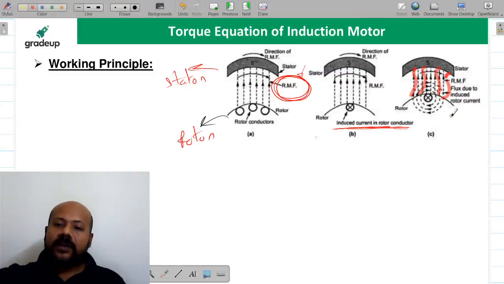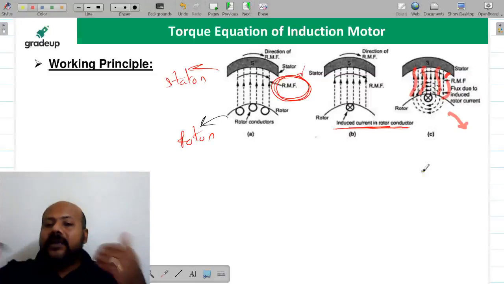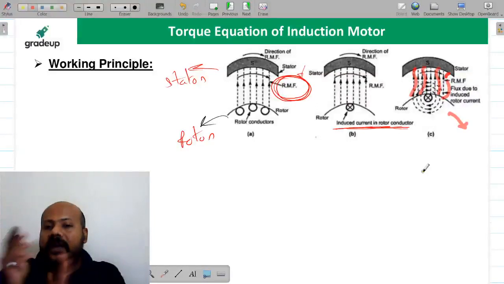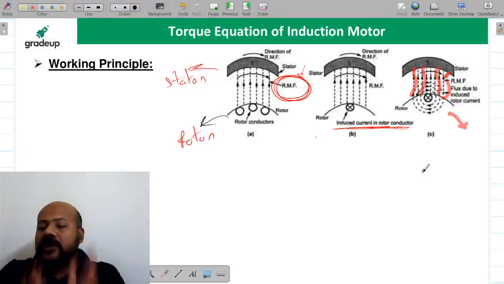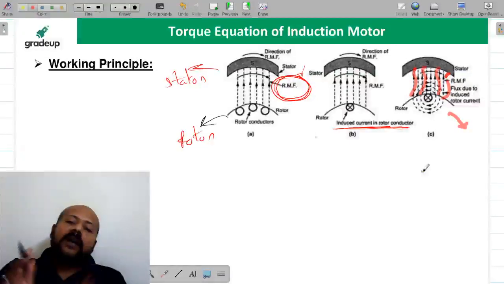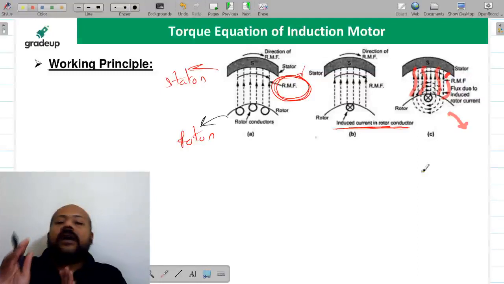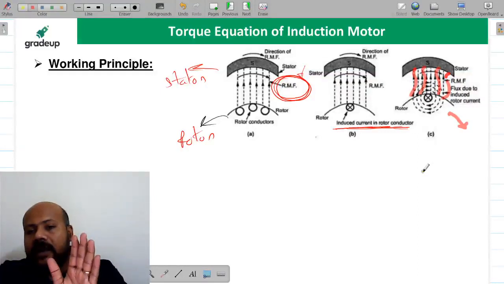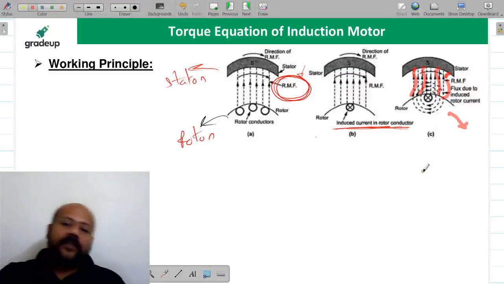Now this rotor will be inclined or tending to rotate so that this distortion in flux is reduced, or you can say the reluctance is reduced or minimized, so that the rotor flux is aligned to the stator flux. That is why there is some torque production in the induction motor and the induction motor starts.